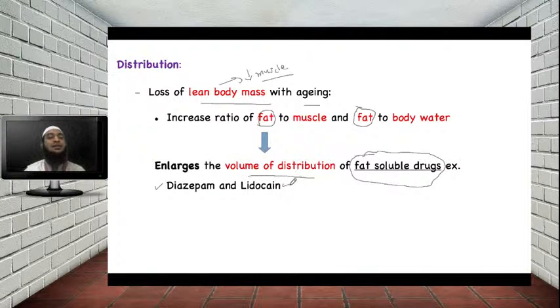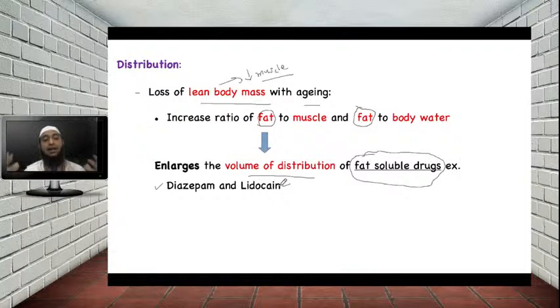Now lidocaine is generally a local anesthetic, whereas diazepam's site of action is the central nervous system. Imagine if diazepam, a lipid soluble drug, is distributed peripherally into the body, like in the body fat, the belly fat, or different fat in different parts of the body.